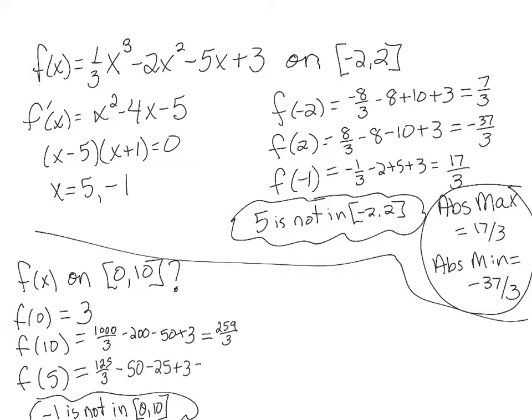Just plugging and chugging now. So minus 72 plus 125/3 gives us this. Obviously, this is the highest value, so this is our absolute max, and this is our absolute min, our lowest value.